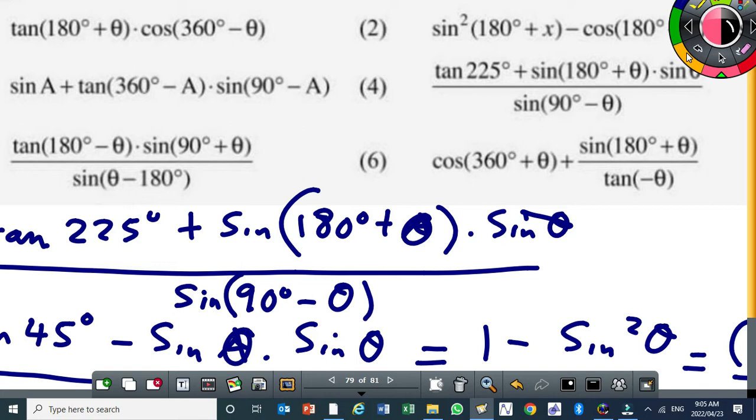Because you see, in which quadrant is 135? It's in the second quadrant. Is tan positive or negative in the second quadrant? It's negative. So that negative and this negative will give you what? A positive. So it will be like this: minus tan 45.